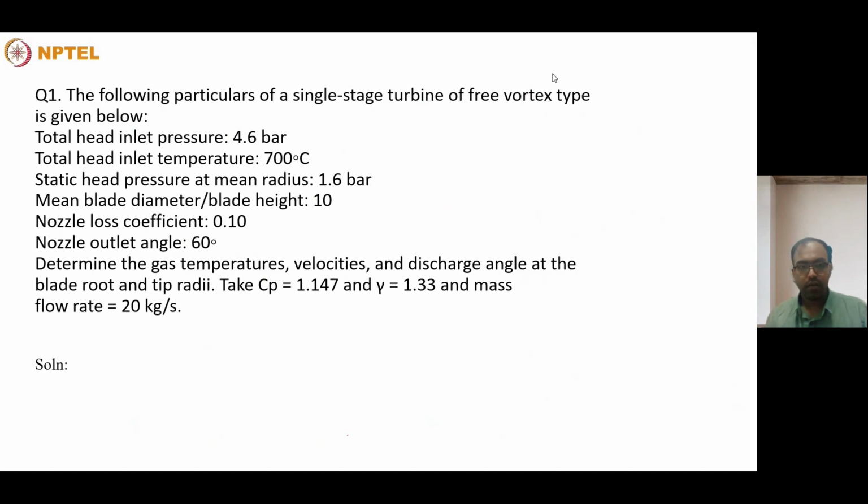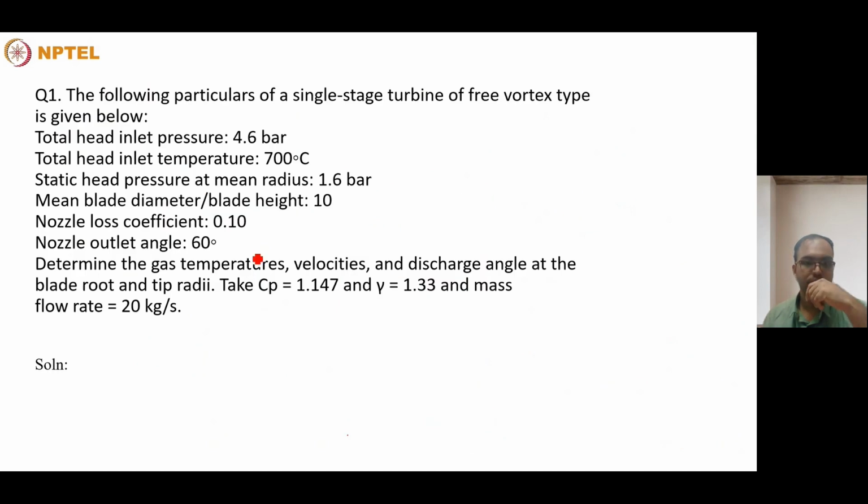In this particular problem, the mass flow rate is given as 20 kilogram per second. So we know the mass flow rate.